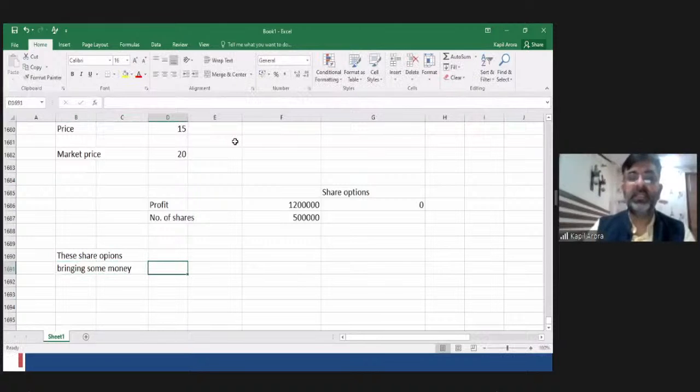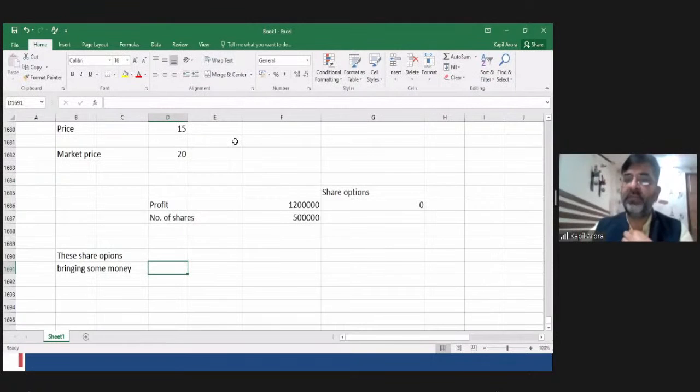They are bringing 15 rupees each. When they bring 15 rupees each, I can invest that money somewhere, say in machinery, 1 lakh into 15, and I can get some benefit in the future.